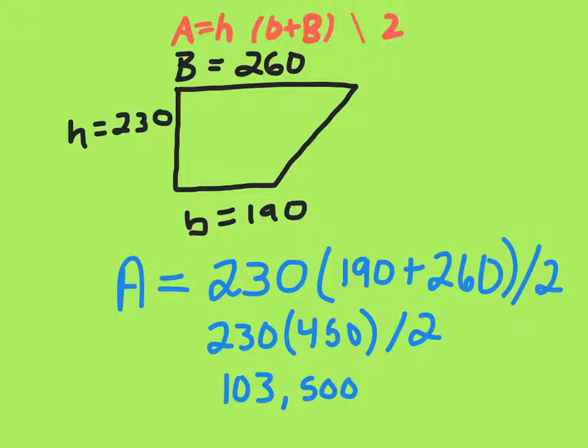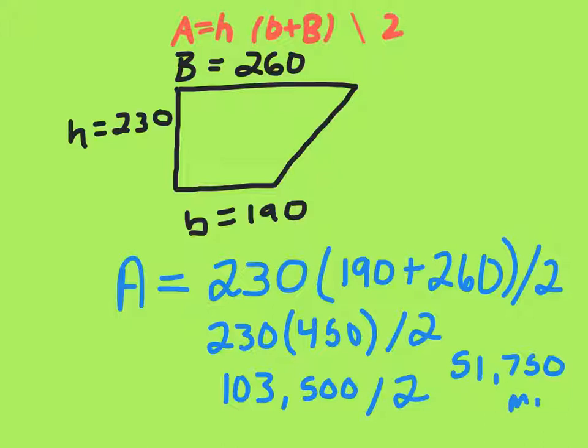And then all we have left to do is to divide that by 2. So 103,500 divided by 2, put that into your calculator, and you'll get 51,750 square miles.